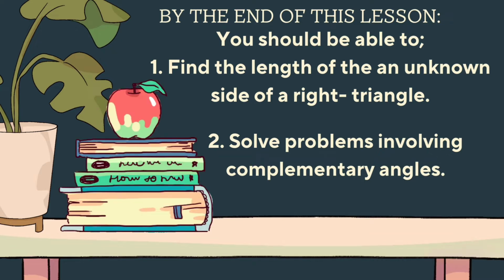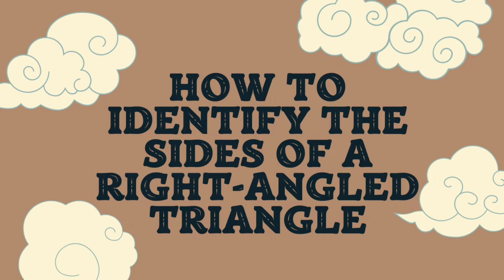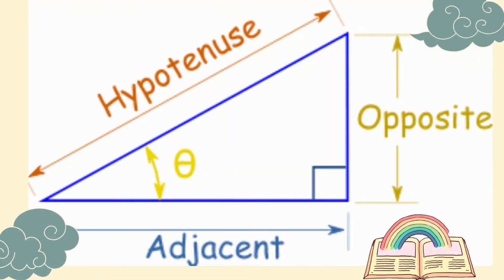So, in the first part of this class, let's find out how to identify the different sides of a right-angled triangle. Recall that a right-angled triangle is a triangle in which one of its angles is equal to 90 degrees. So how do we identify the sides of a right-angled triangle?